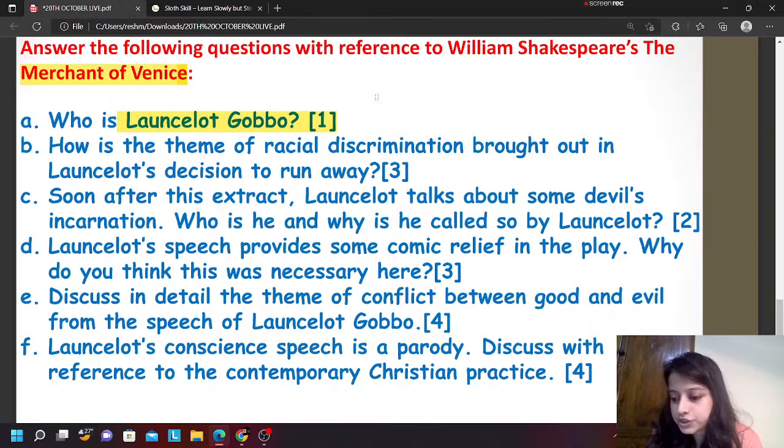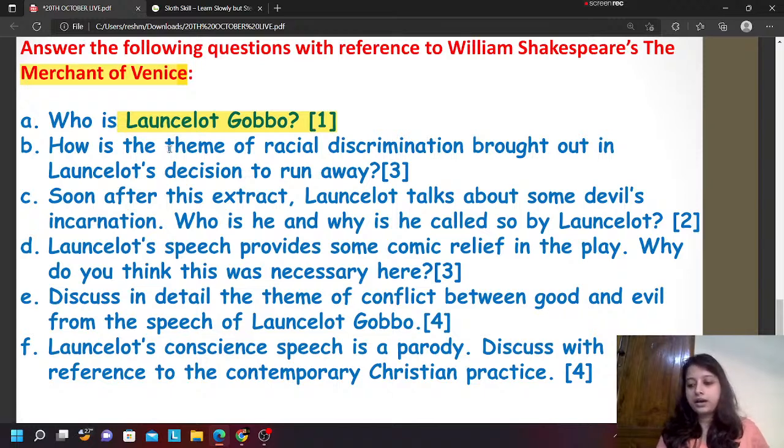Lancelot Gobbo is a Christian who was famished in the service of Shylock the Jew and later joined the service of Bassanio. Correct? Very good. You have written all that had to be written. Servant of Shylock, later wanted to serve Bassanio, and of course his will was fulfilled.